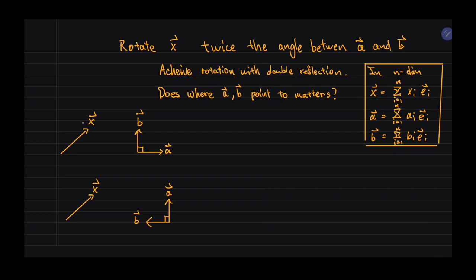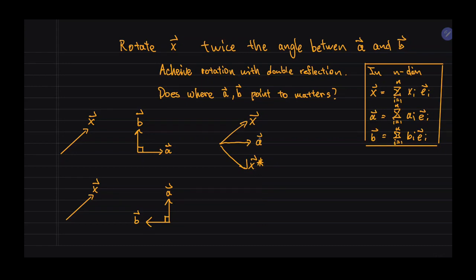So as you know from the previous video, if we want to reflect, for example, x here with respect to a, we will get x star here. The reflected vector, where is it pointing?